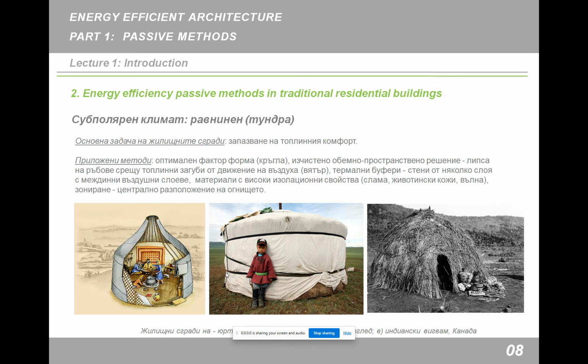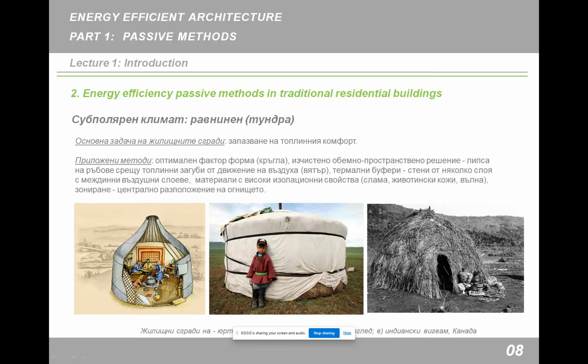The examples given are the so-called yurta residential building of the moving locals in Asia, and an archive picture of an Indian wigwam from Northern America.